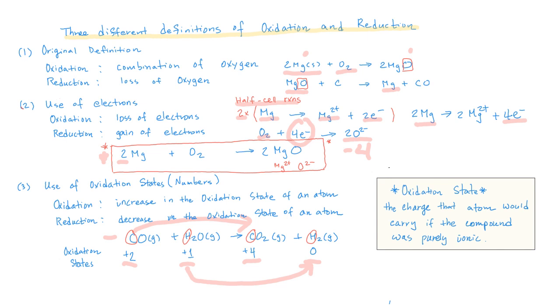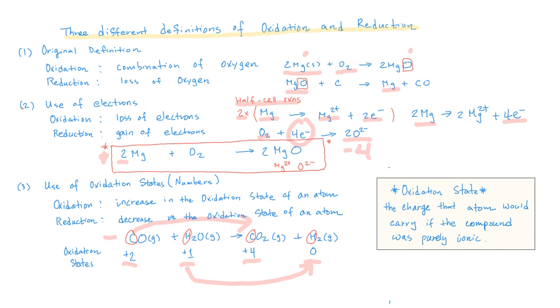So they will have covalent bonds, not ionic bonds. However, to determine the oxidation state, we assumed that these substances actually have ionic bonding character. So this is a very important point for you to keep in mind.